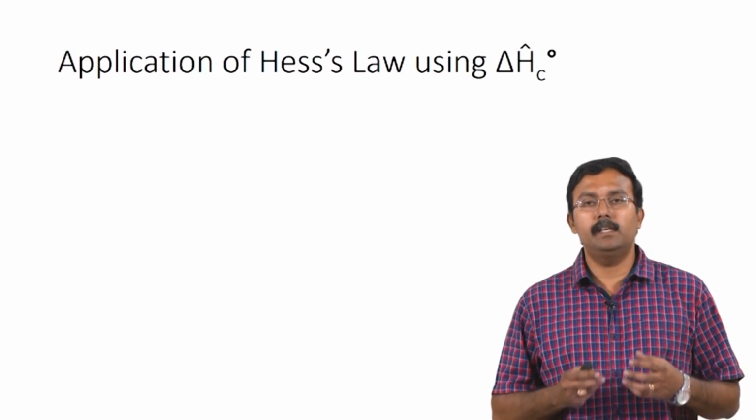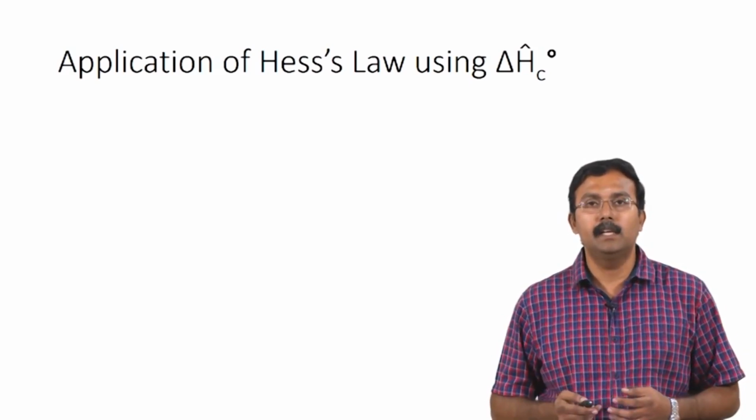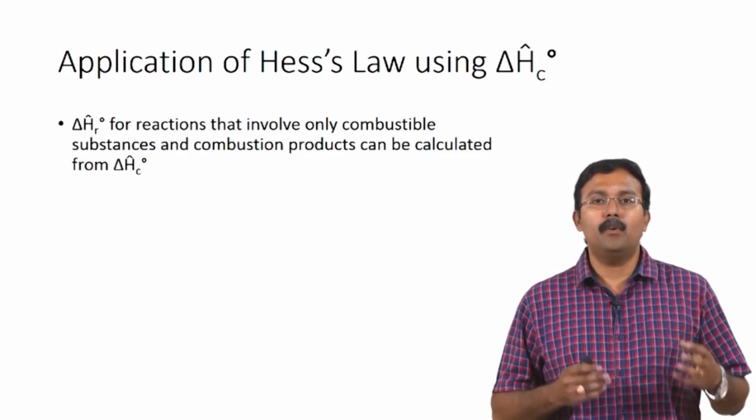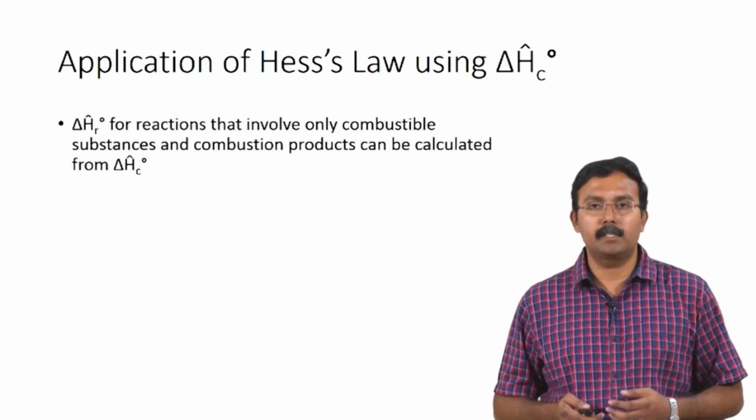So, just like how we did heat of formation and used Hess's law to calculate heat of reaction, we can use heat of combustion to calculate heats of reaction for reactions that involve only combustible substances and combustion products.